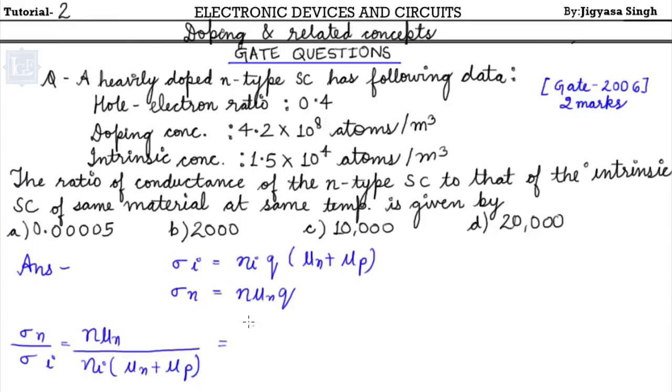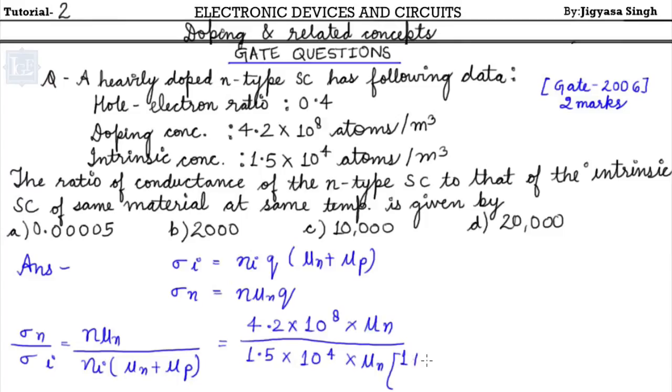Now I'm putting the values, power 8, and I'm keeping this as it is because I'm about to take this common from the denominator. Mu n, and this is 1 plus mu p by mu n. We are kind of cancelling both of them.